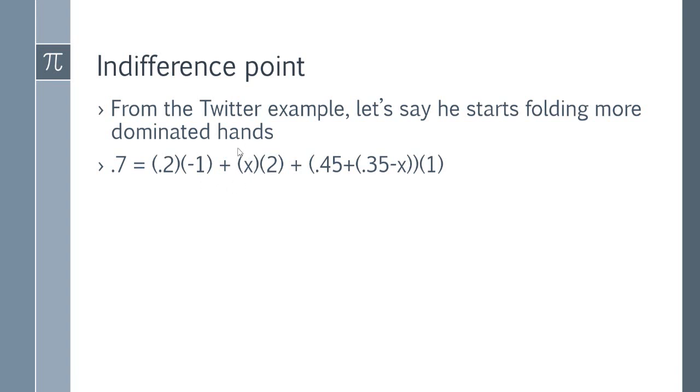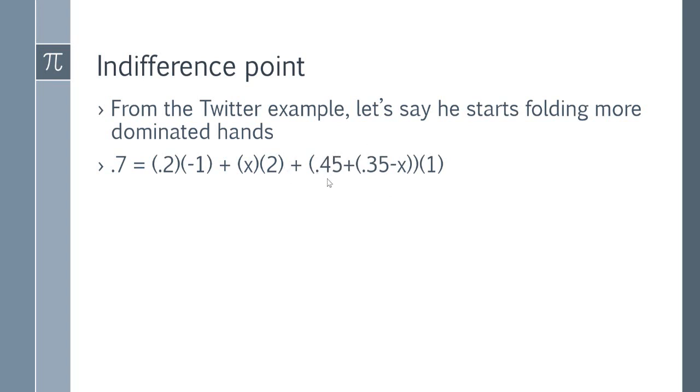Now we have a variable here: the percent of times that he calls with dominated hands. That's our variable x. But you notice over here, I also had to move the variable x. That's because if he starts folding more than the original 35%, then the amount that he is folding overall has to go up.